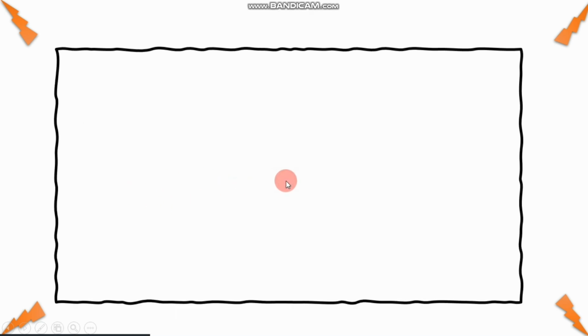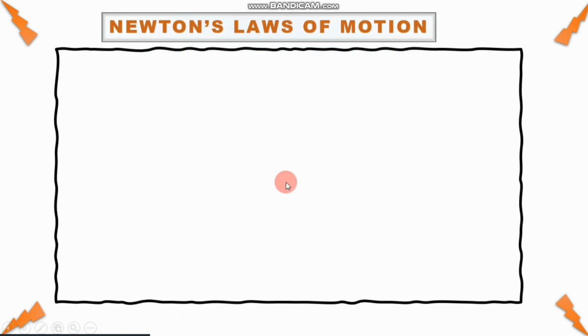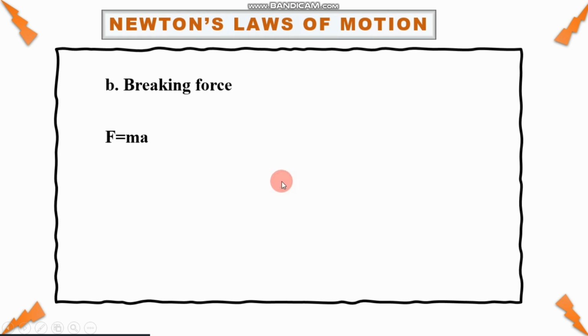Let us move to the second part of the question, and it requested us to find the braking force. From Newton's second law, we know that force is given by ma. m is the mass of the car, and a is the acceleration. In this case, we have a deceleration, so a is negative 3.5 meters per second squared.